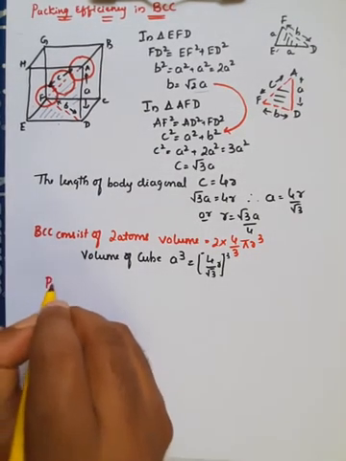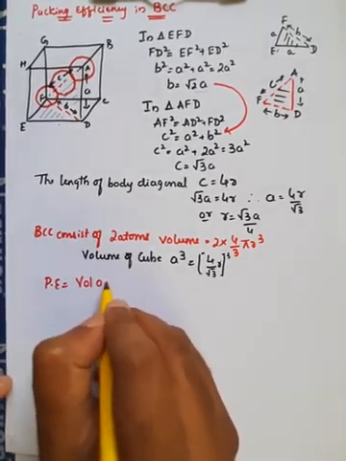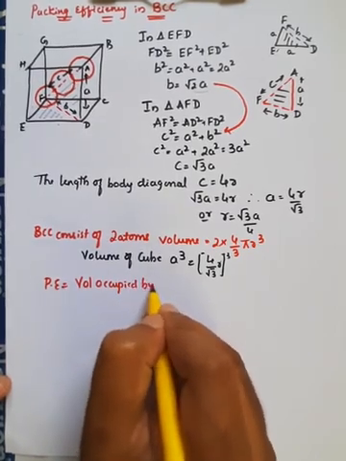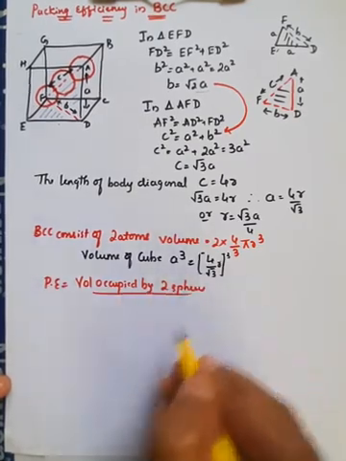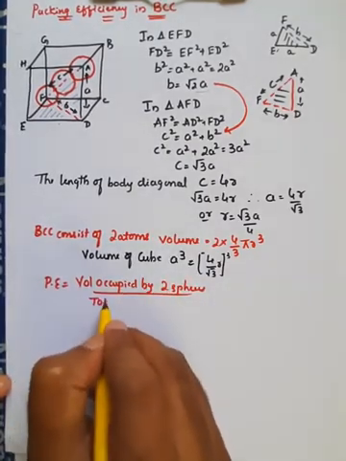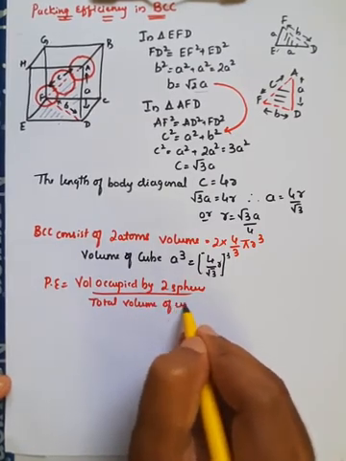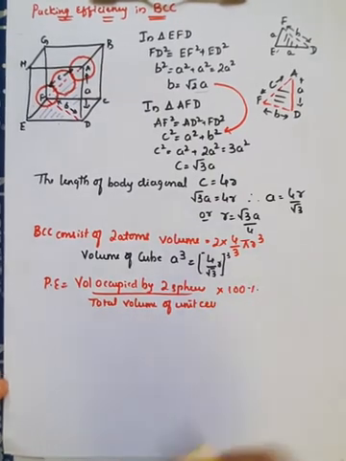Packing efficiency is equal to volume occupied by 2 spheres, because it is a BCC unit, whole divided by total volume of unit cell, into 100%.